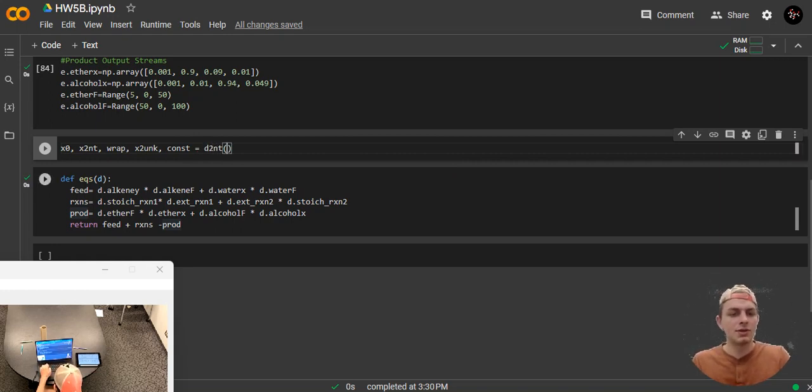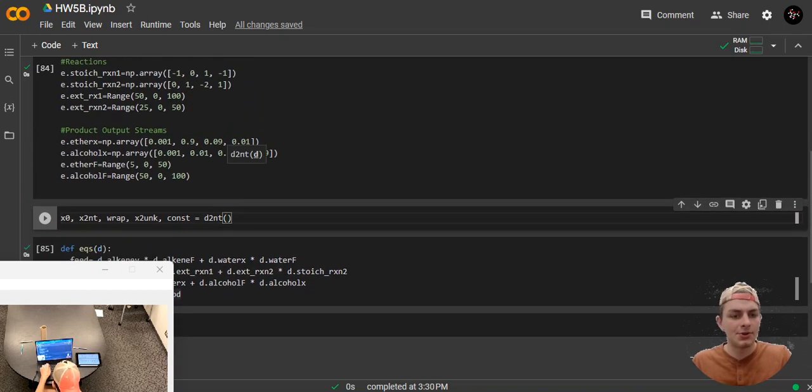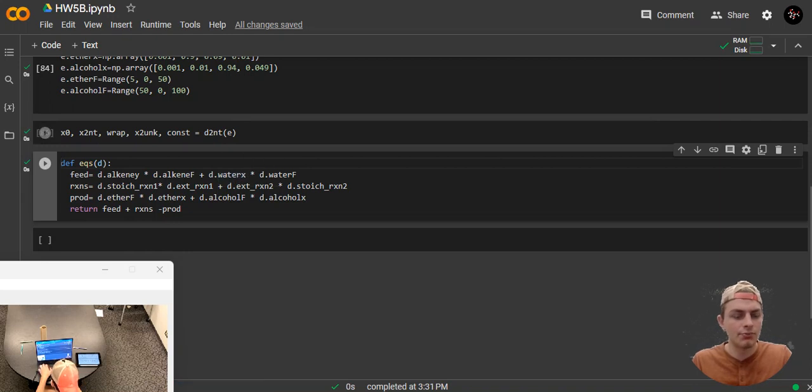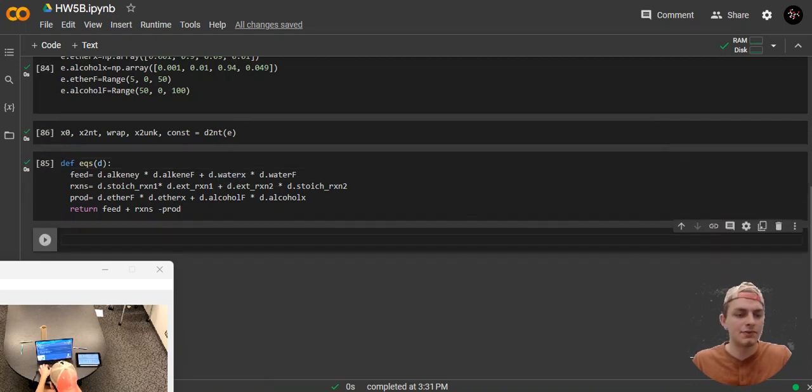So basically what I'm doing here is I'm changing our dictionary E into a named tuple, and then I'm splitting that into a bunch of different parts. Now these parts are useful because we're now going to use this wrap function to wrap our equations up with our variables. And so we can call this then wrapped equations.